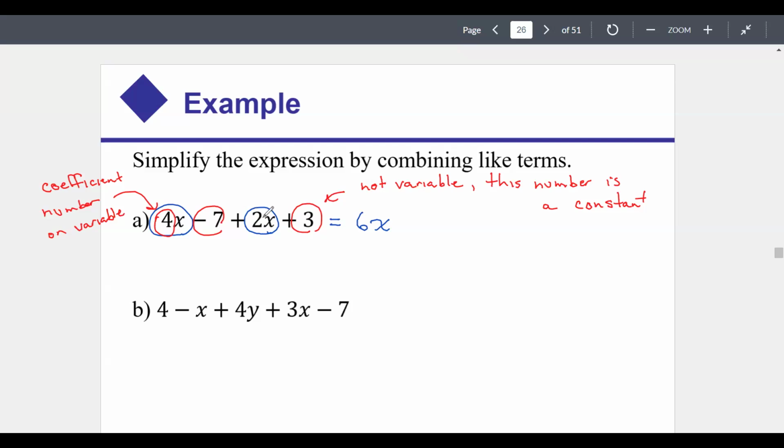So when we have the same variable, what we're doing is we're adding those coefficients. Like we're saying, in this case of the -7, let me do that again. And the 3, there isn't a variable, those are constants. So we just add those together like we would if it was order of operations. We have a -7 plus a 3. If we add those together, that's a -4.